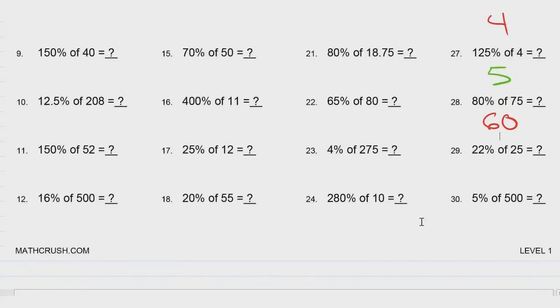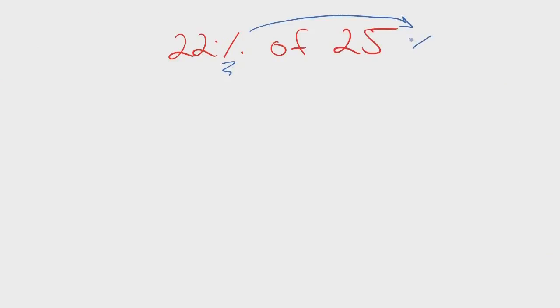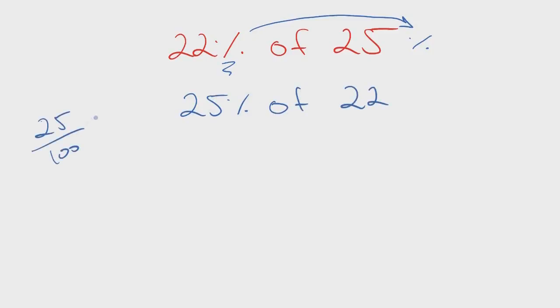Number 29, 22% of 25. I could just take this and send this over here and make this 25%. 25% is 25 over 100, which is 1/4. So all you're going to do is divide 22 by 4. 4 goes into 22 5 times. That gives me 20.